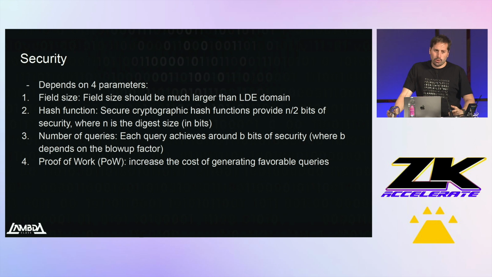If you want to use provable security, then you need to do lots of queries, but you are always on the safe side. But most of the projects have been working with conjectural security because we still don't have a better bound. And so far, they've been working really, really well.